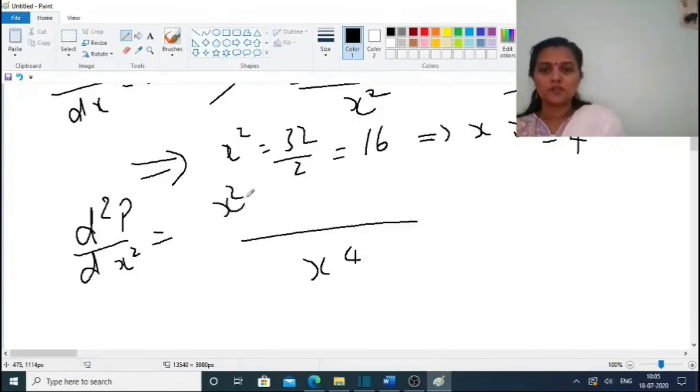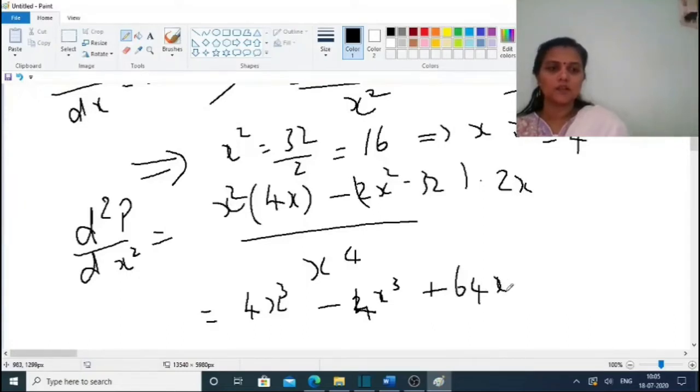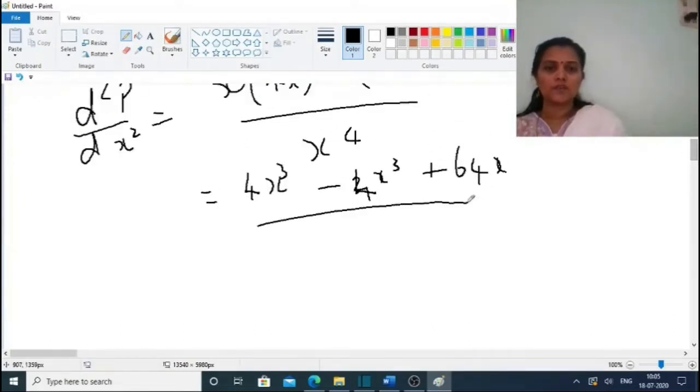x square into the derivative of 2x square minus 32, which is 4x. Next, 2x square minus 32 into the derivative of x square, which is 2x. So this is 4x cube minus 2x cube minus 4x cube, 2x square into 2x square plus 64x by x raised to 4, which is equal to 64x by x raised to 4.